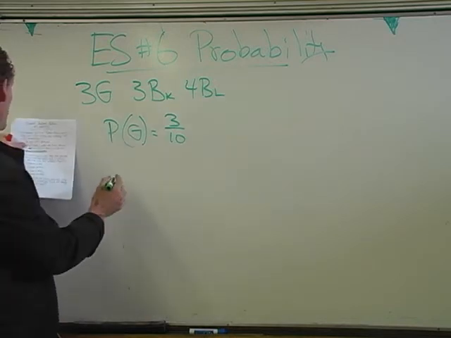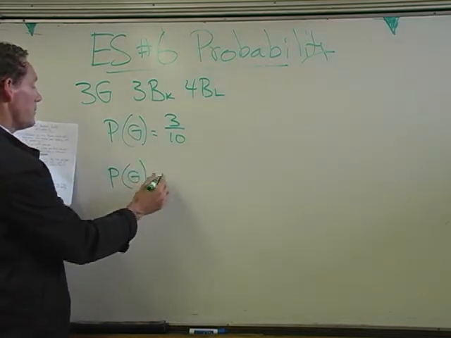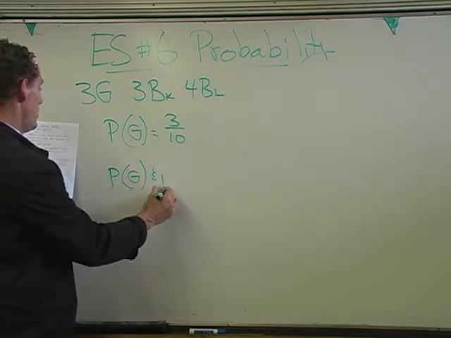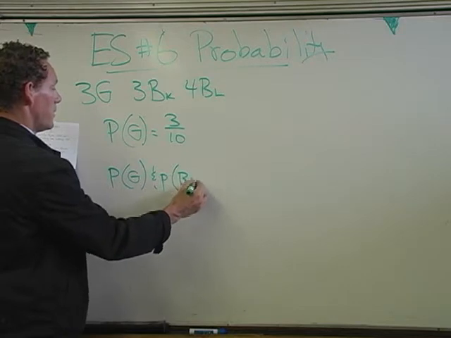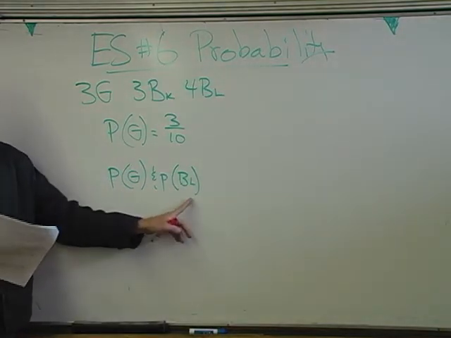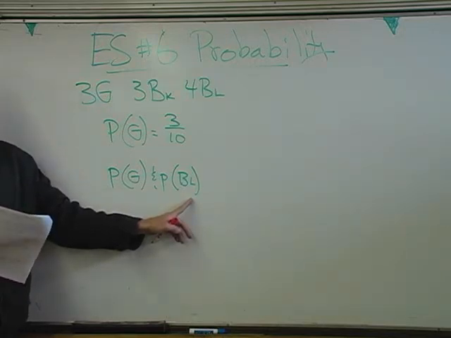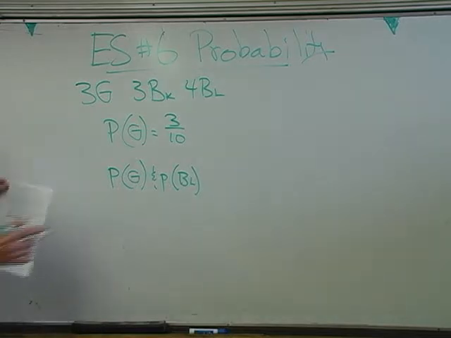Second example, you pick a green pen, then you pick a blue pen. So you're picking a green pen and then picking a blue pen. So you do 3 over 10 times 4 over 10?